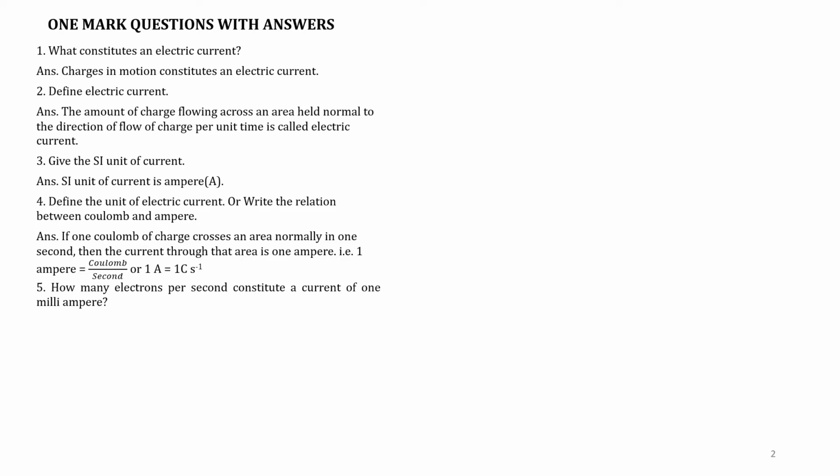Question number 5. How many electrons per second constitute a current of 1 milliampere? Answer. We know I is equal to Q by t, that is charge per second. Q is equal to N into e, where N is the number of electrons, e is the charge of an electron, divided by t, the time.